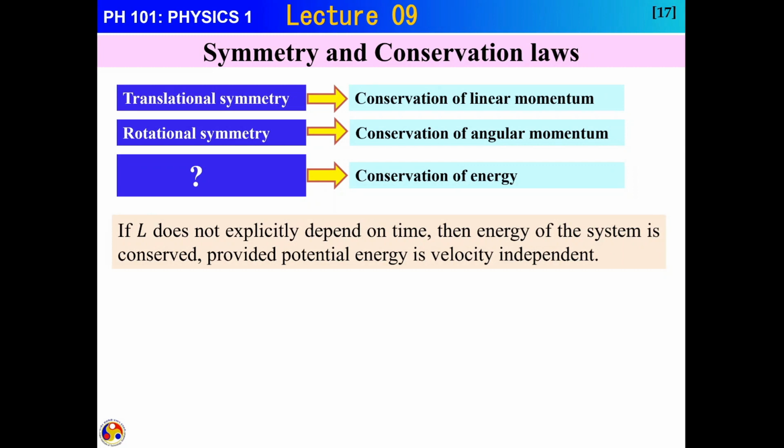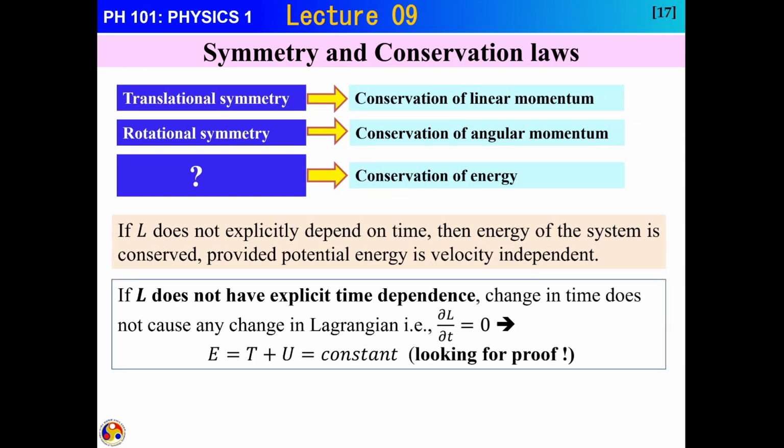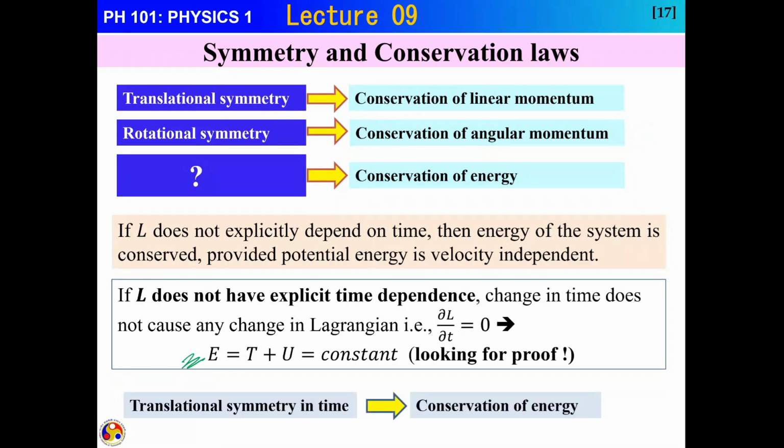Which means if L does not have explicit time dependence, and the potential energy does not depend on velocity components, then I can say the derivative of the Lagrangian with time is 0, leading to a proof that the total energy of the system remains constant. In such a case, the translational symmetry in time would also give a conservation of energy.